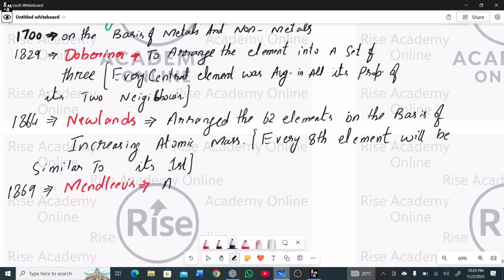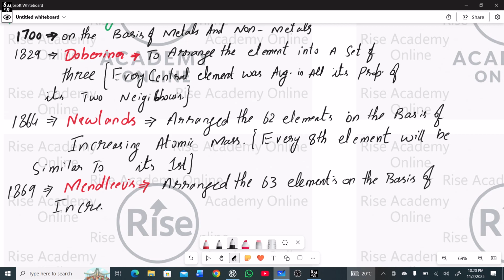He also arranged the 63 elements known at that time on the basis of increasing atomic mass.